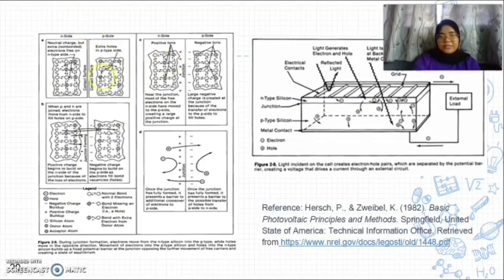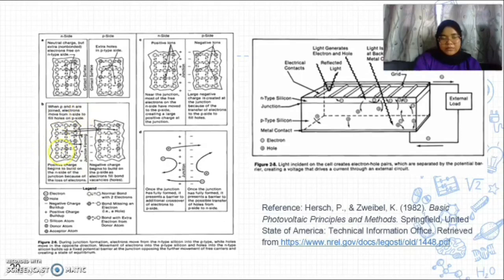Okay, if you can see here, this is the n side and this is the p side. It shows that there are free electrons in the n side and free holes in the p side. So when the p and n are joined together, electrons will move from the n side to fill the holes on the p side. So the positive charge begins to build on the n side of the junction because of the loss of electrons.